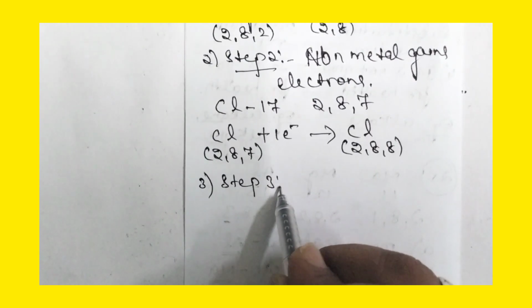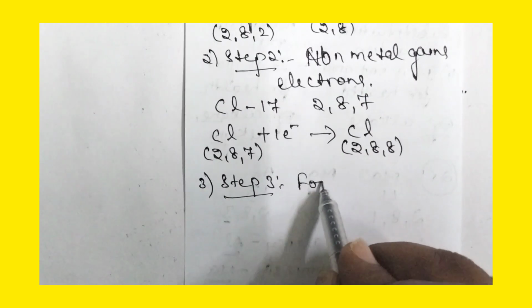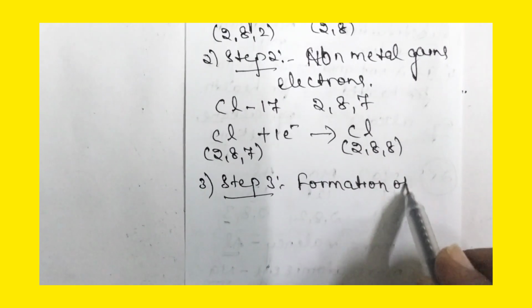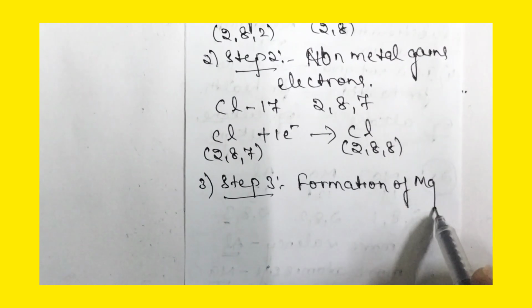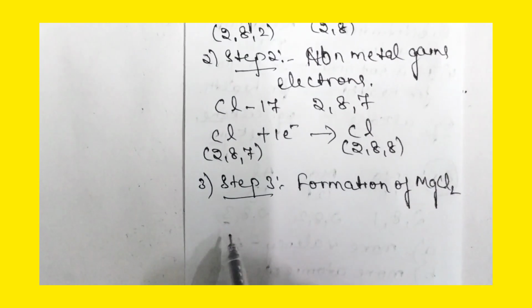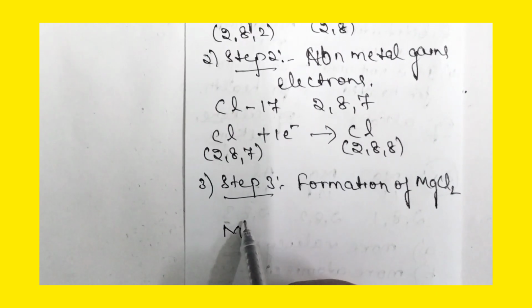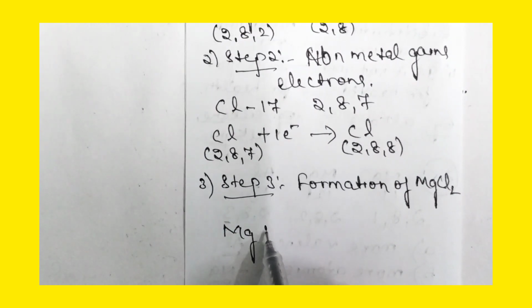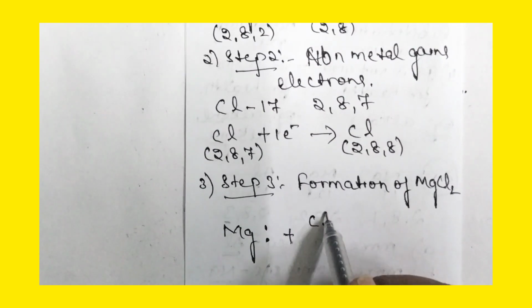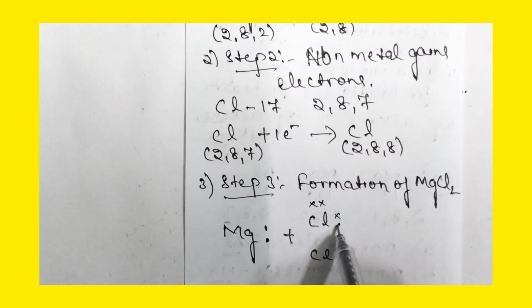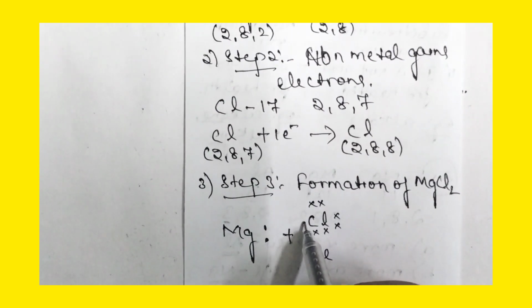And step number 3 is formation of magnesium chloride. For that one, we know that magnesium Mg has 2 valence electrons, and here MgCl2, we have to take 2 chlorine. So 1, 2, 3, 4, 5, 6, 7.